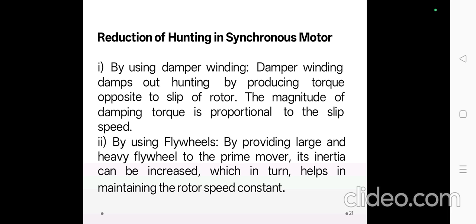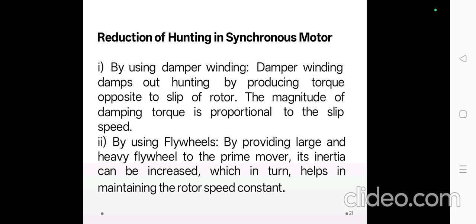This characteristic is similar to the normal capacitor, which always takes leading power factor current. Hence an overexcited synchronous motor operating on no load condition is called a synchronous condenser or synchronous capacitor. This is a property due to which a synchronous motor is used as a phase advancer or as a power factor improvement device.